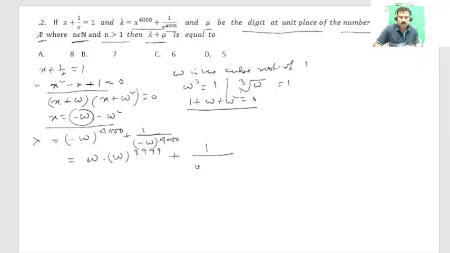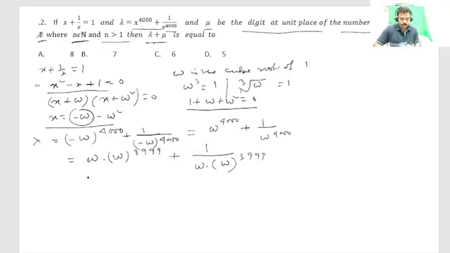First we write this as, this is an even multiple of 4, so this is omega to the power 4000 plus omega to the power minus 4000.